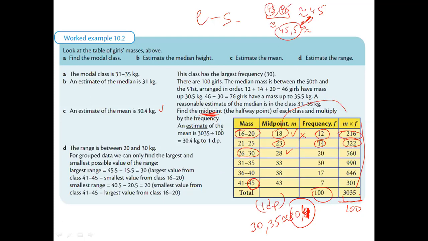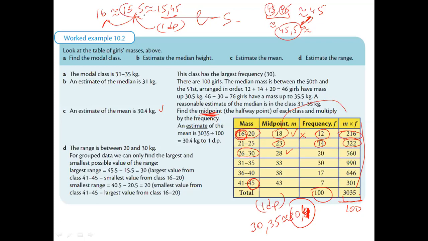And for the smallest, 16 is approximately 15.5. Can I write that? Yes, when I take one decimal place, 15.45 becomes 15.5, and it is also equal to 16.